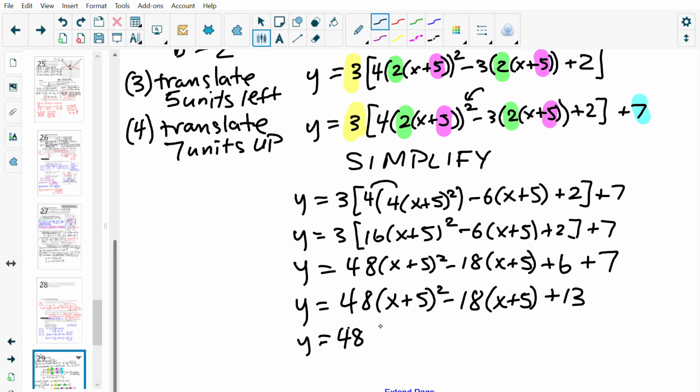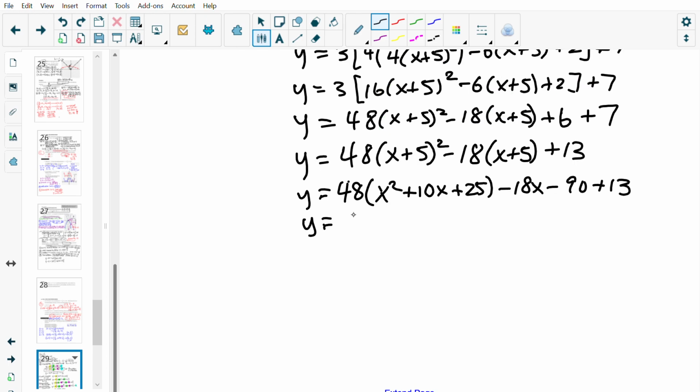The binomial here equals 48 times x squared plus 10x plus 25, minus 18x minus 90 plus 13. Y equals 48x squared plus 480x plus 1200, minus 18x minus 90 plus 13.